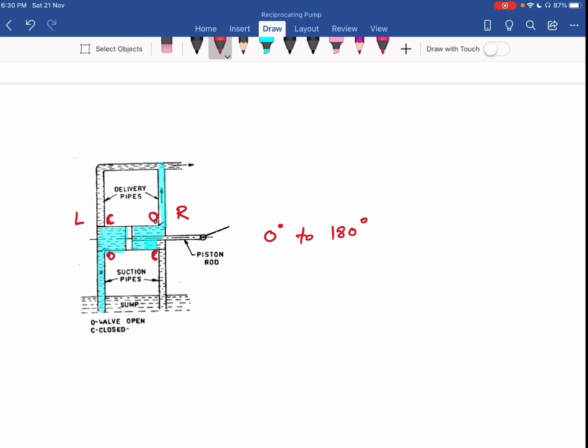Now in the next stroke, when my crank rotates from 180 degree to 360 degrees, at that time my piston moves from right to left. Okay, this is the direction of piston movement.